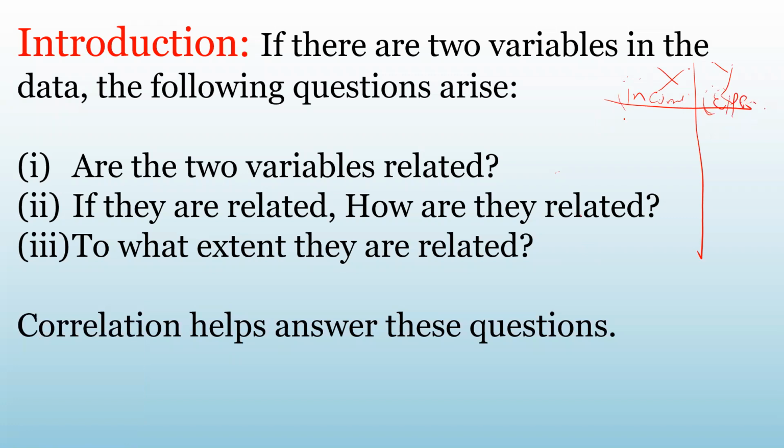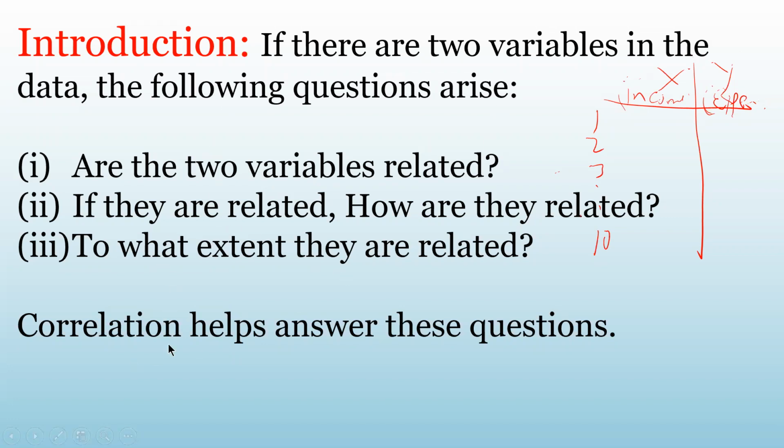I would like to see, is there any correlation between the income and expenditure? We know that if the income of a person is more, then his expenses are also more. So these two variables are also correlated.